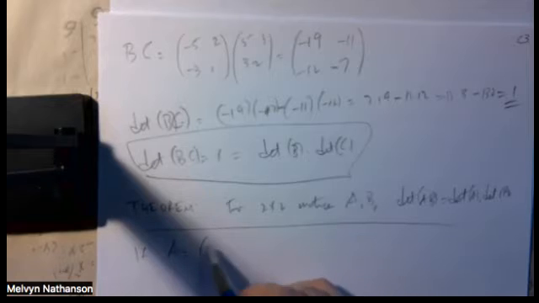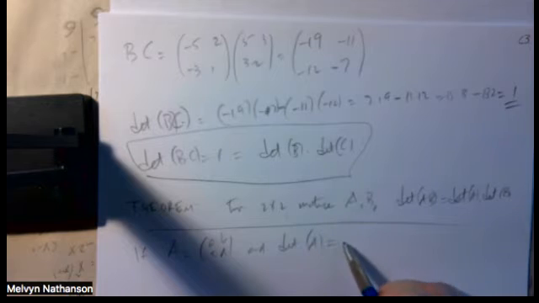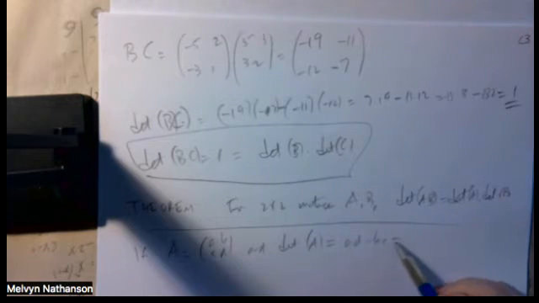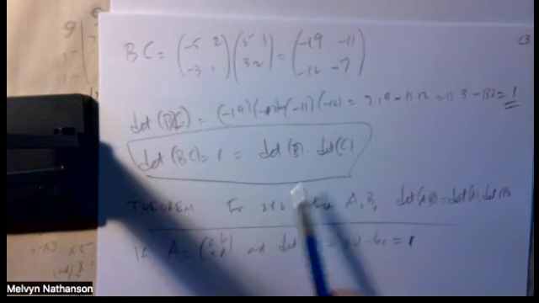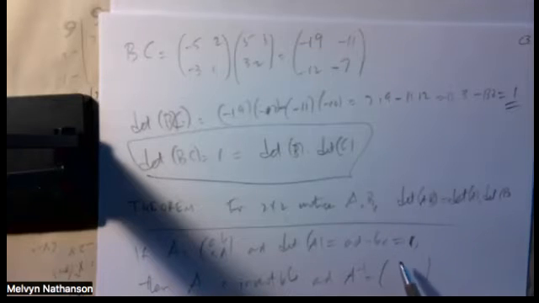If A is (a, b, c, d), and the determinant of A, which is ad minus bc, is 1, that was the case with these 3 examples, then A has an inverse. A is invertible. And A inverse is the following matrix, (d, minus b, minus c, a).